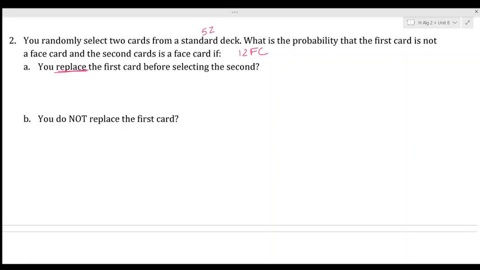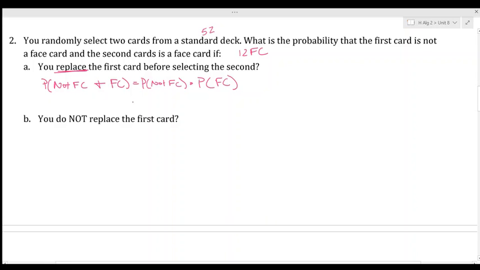So here we go. Let's write this out. The probability of not a face card, and then we pick a face card, is equal to the probability of not a face card times the probability it is a face card. There is no conditional probability here, no depending on the event prior, because we replace that first card.